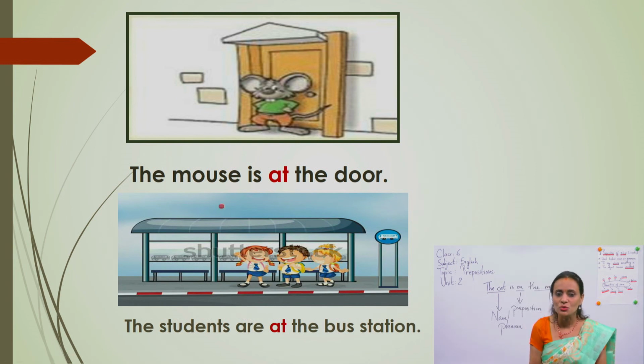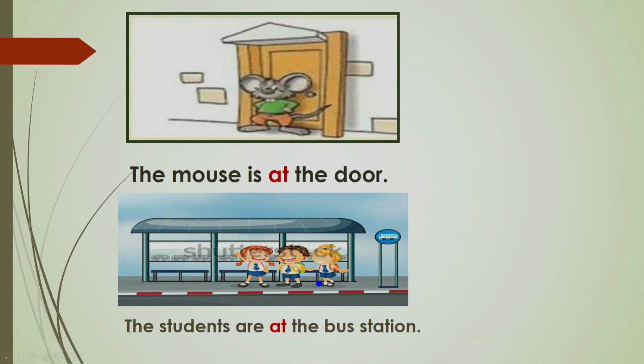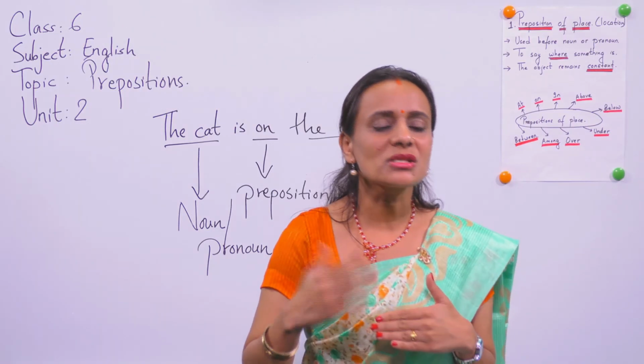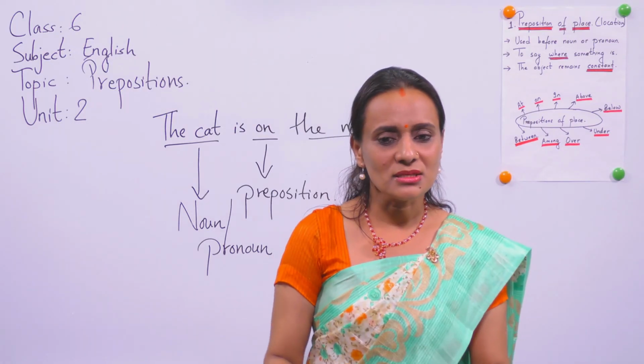And what are they doing? The students are at the bus station. They are in the fixed location, so we are using at here. So these two are the examples of at. At is used to show the nearness and the fixed location. Okay, this is of at.